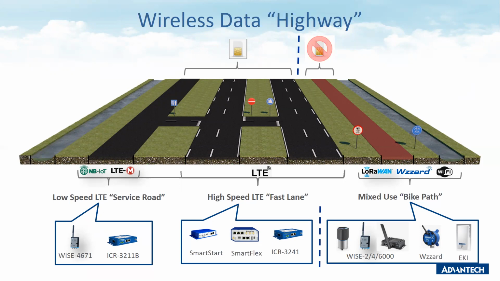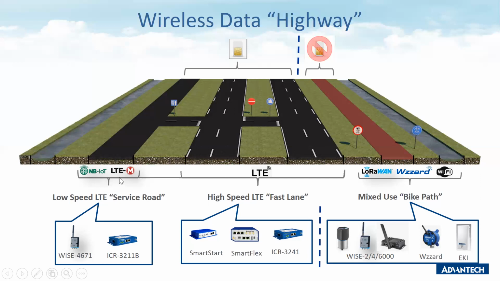They build this highway, and they charge customers to use it just like a tollway, like an express lane. And the SIM card is your toll. So our Smart Start, Smart Flex, ICR, these are all SIM-based products that use this high-speed cellular fast lane.